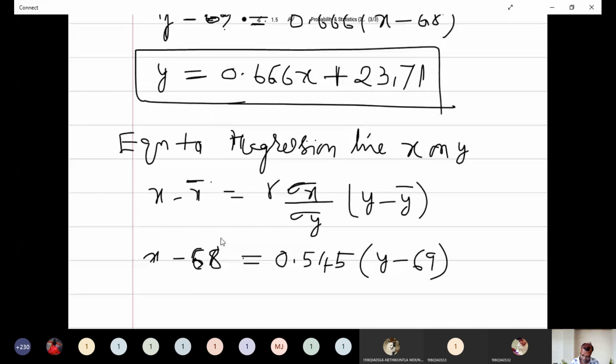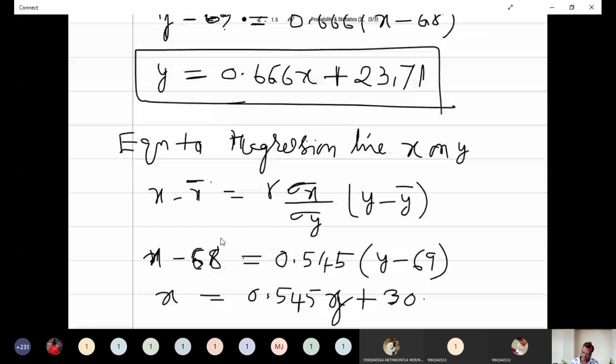Now that implies x is equal to 0.545y plus, what is the constant value? 30.39.